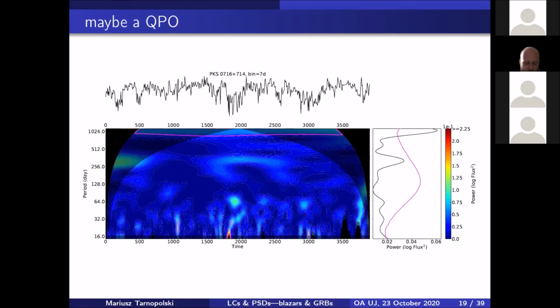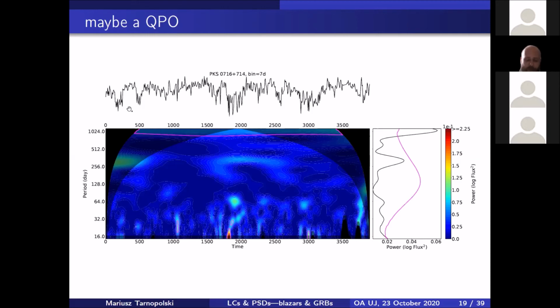We also observed hints of a quasi-periodic modulation in another object, PKS 0716, with a much higher period exceeding 1,000 days. So given the length of the data, this definitely should be treated with caution till it's observed for a longer time, but some other authors also pointed this one out as an interesting candidate.